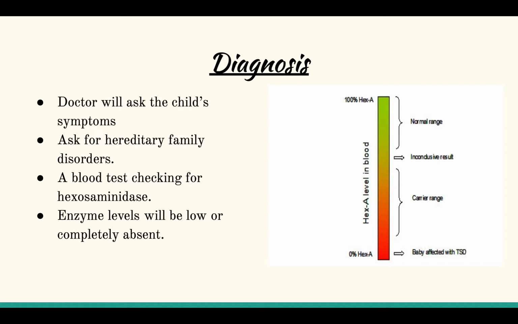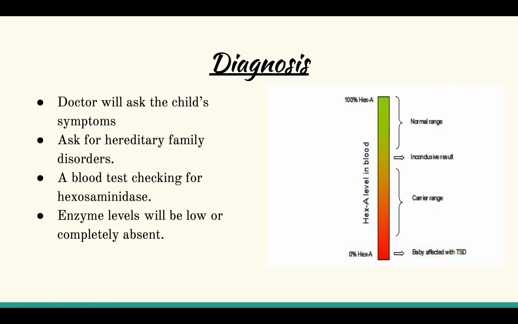Okay, so now the diagnosis. To diagnose and confirm a child has the disease, a doctor will do a physical examination first to see if there's anything physically wrong with the patient. He or she is going to ask the child's symptoms and ask the parents if they are aware of any hereditary disorders in their family.